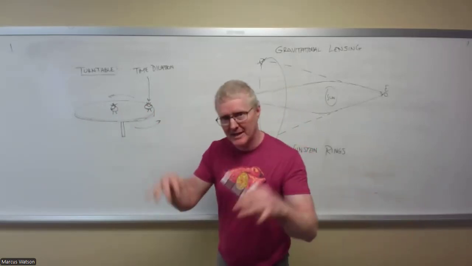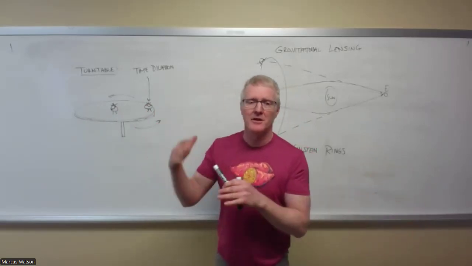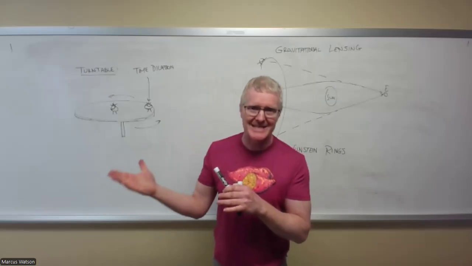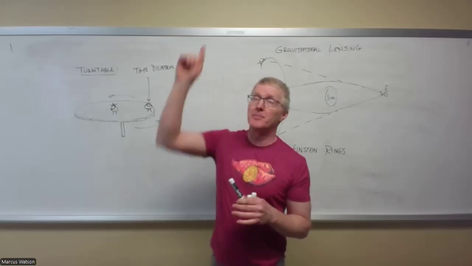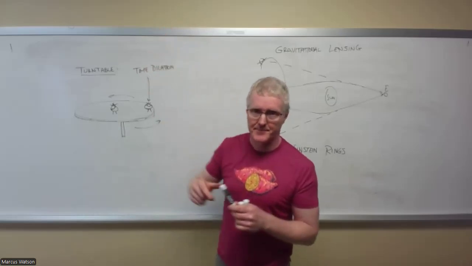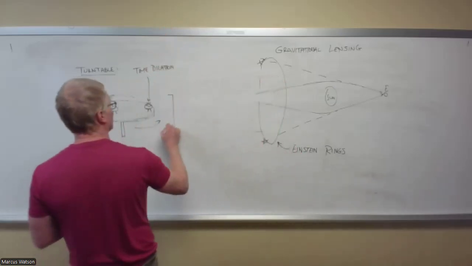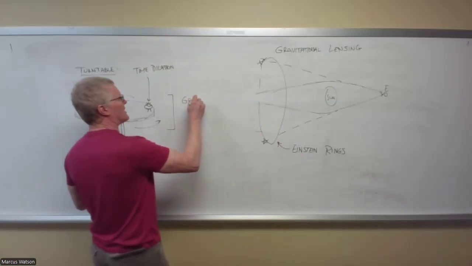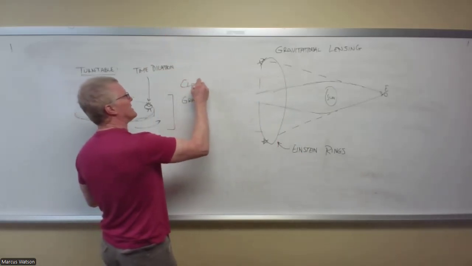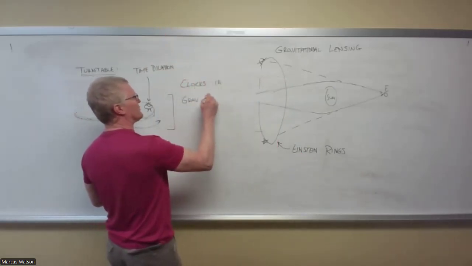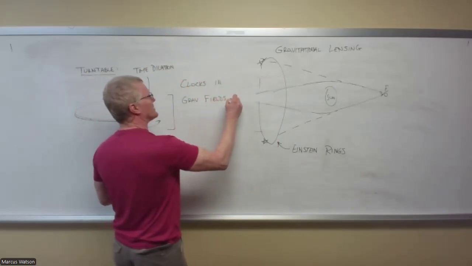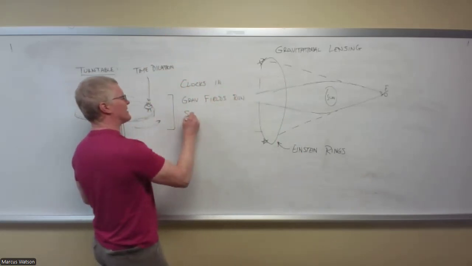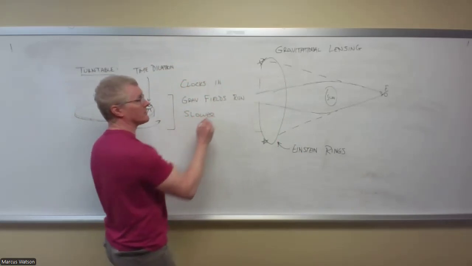That means people in deeper gravitational fields experience less time than people out in free space. So clocks in gravitational fields run slower than clocks outside of them.